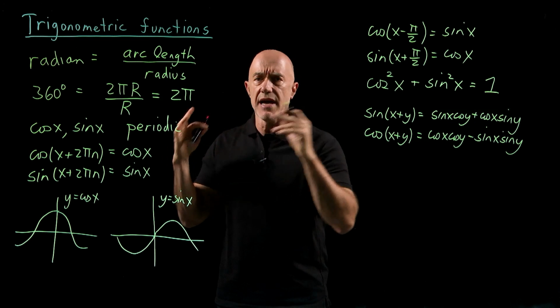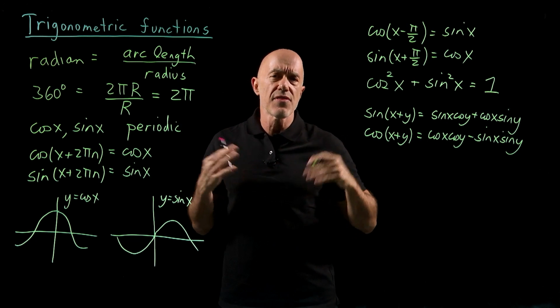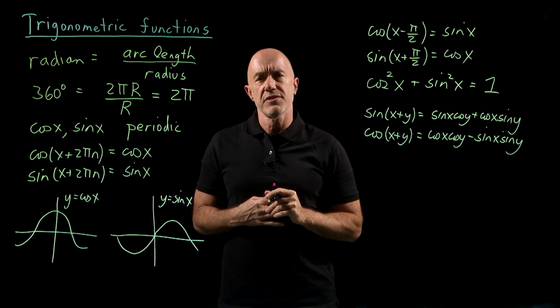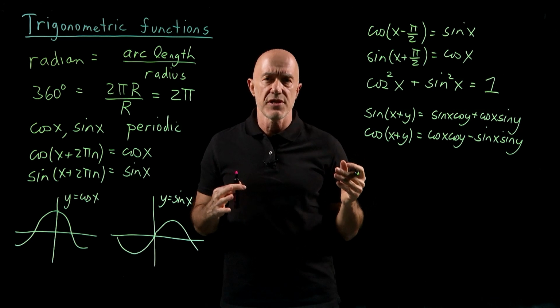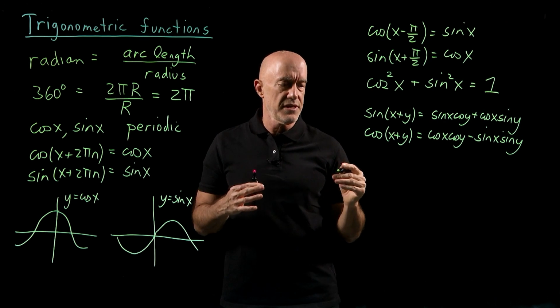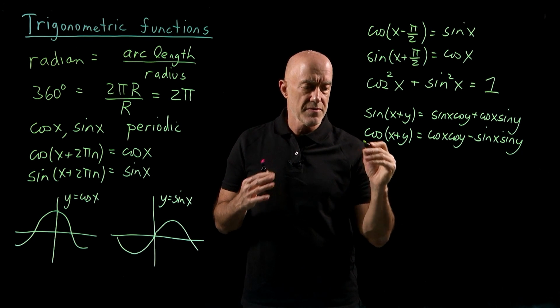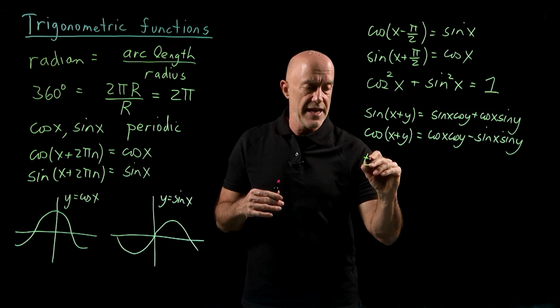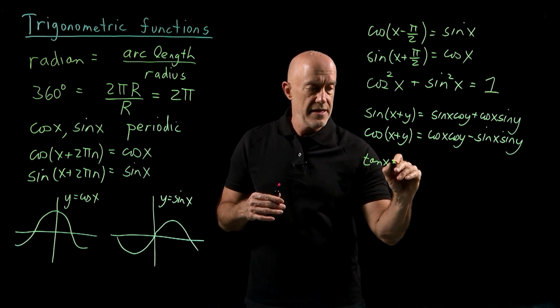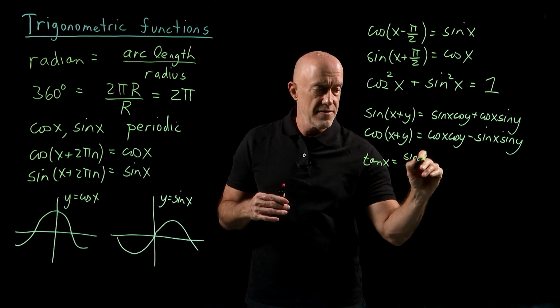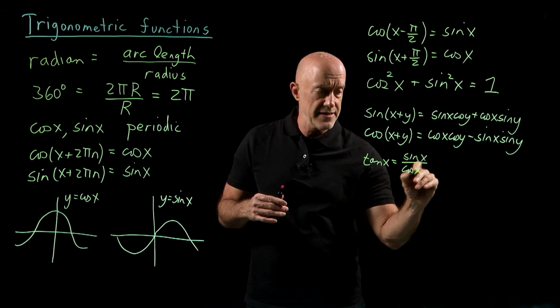Besides the cosine and the sine, there are other trigonometric functions that you should know the definition of in calculus. They are the tangent. So tangent of x equals sine x divided by cosine x.